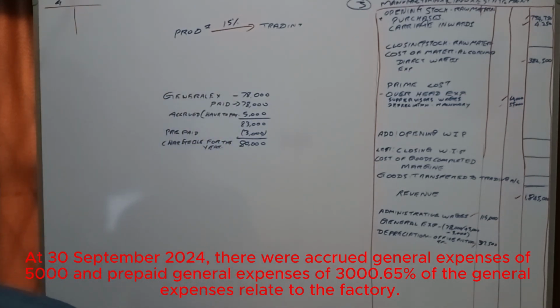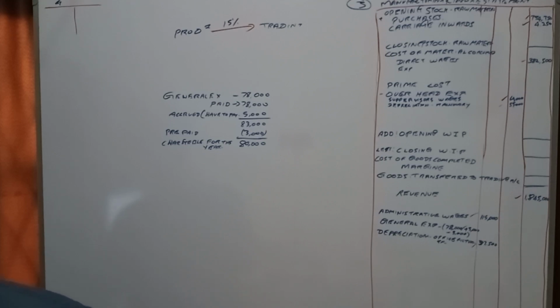Then the second adjustment, details of the general expenses.